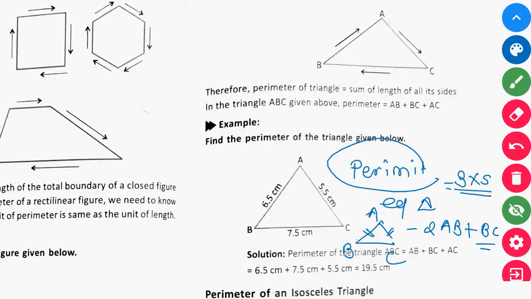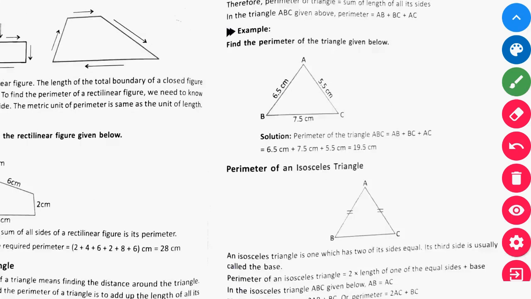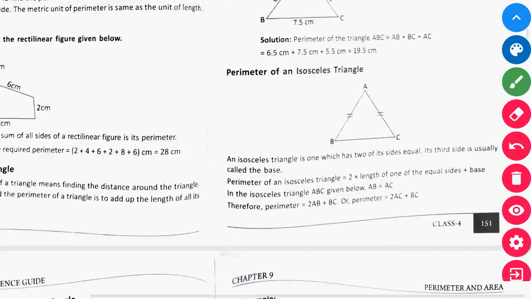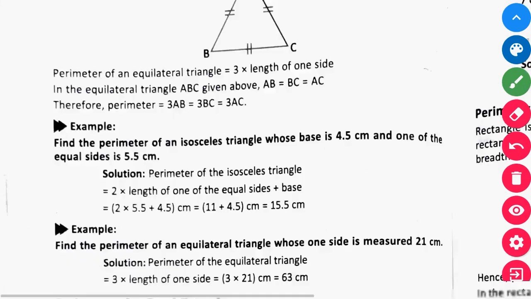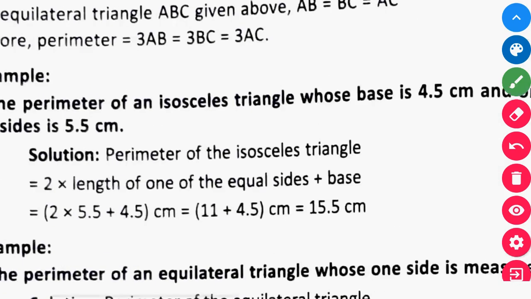That is, BC is not equal to AB and AC. So we just add AB twice plus BC. So perimeter is nothing but the addition of the lengths of all the sides. Okay, the same thing is given here. Okay, now equilateral triangle also I have shown you. Now we'll go through some examples.